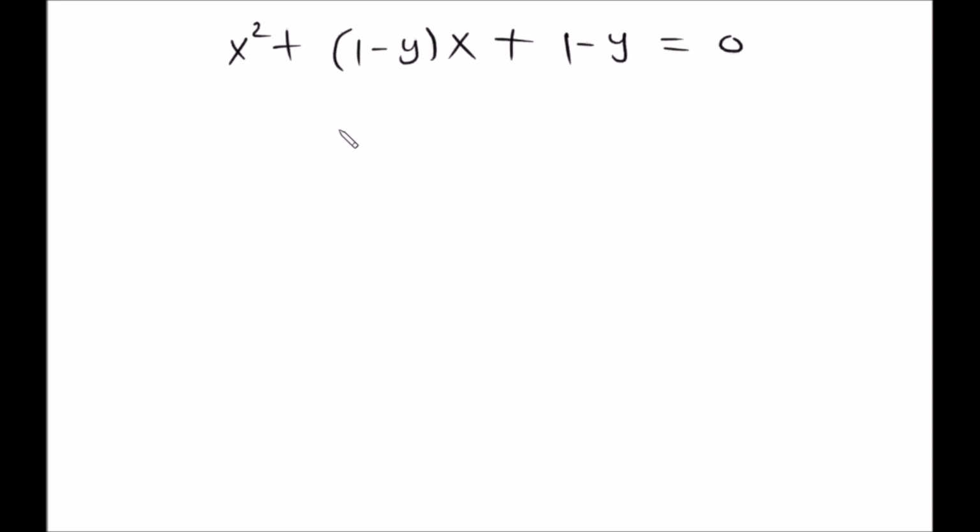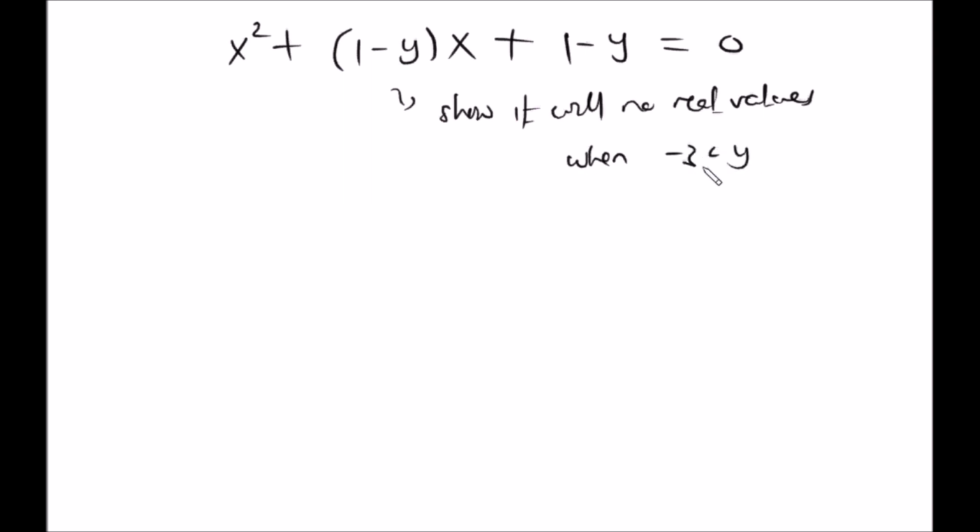Sasa anasema onyesha kwamba huyu quadratic equation hapa will have no real values. Show it will have no real values when y is between negative 3 and 1. Sasa hili huyu awe na real values.